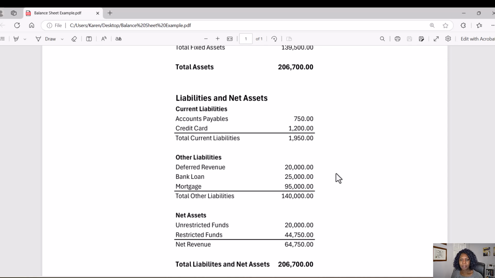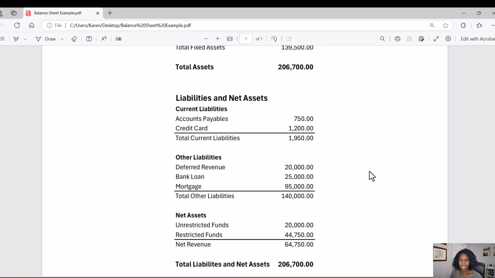So you have deferred revenue, and this is an account that is seen often on nonprofit financial statements. Your deferred revenue is simply money you've received but have not earned yet. And you see this most often with grants.